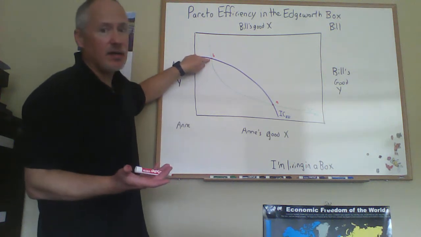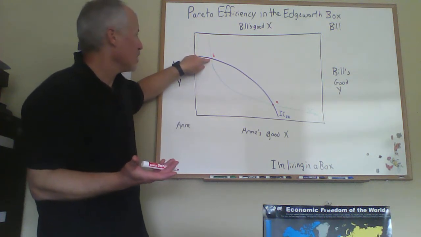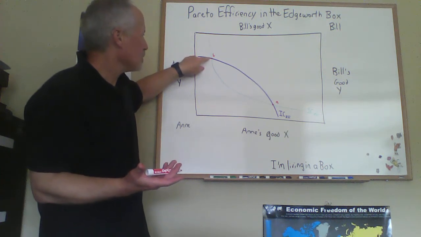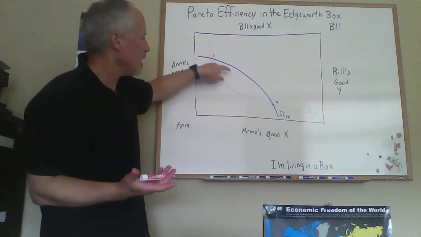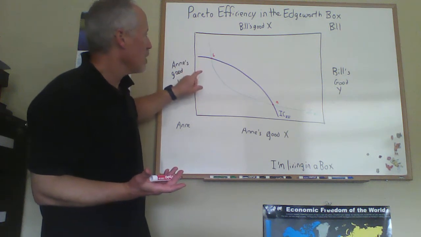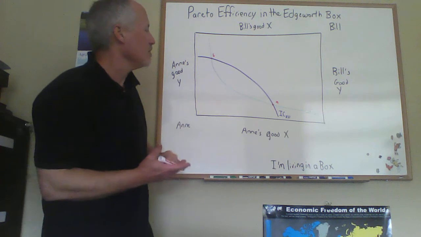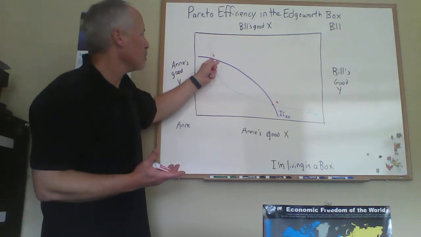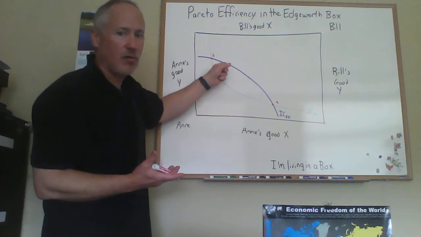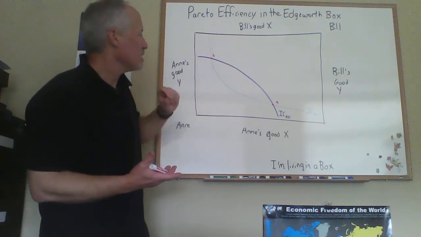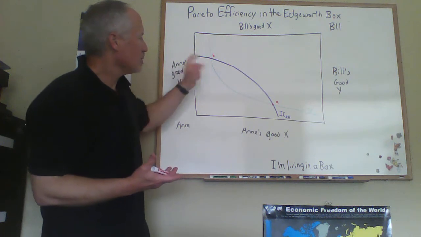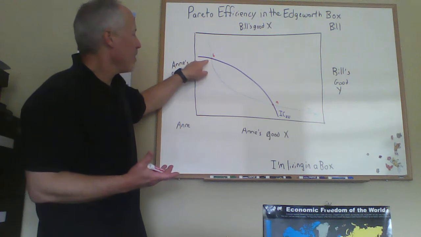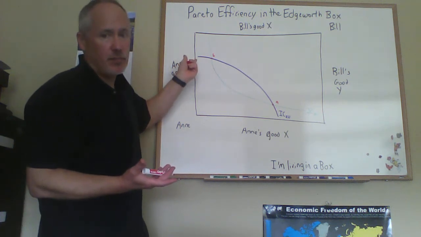At point B, there'd be the same thing going in the other direction. So if we start at B, B can't be Pareto efficient, because if we move down to the right along Bill's indifference curve, Ann's getting above the indifference curve where she is starting from, and so Ann would prefer to move down to the right along Bill's indifference curve than to stay at point B. Since Ann would be made better off if we move down to the right from B, then B can't be Pareto efficient.